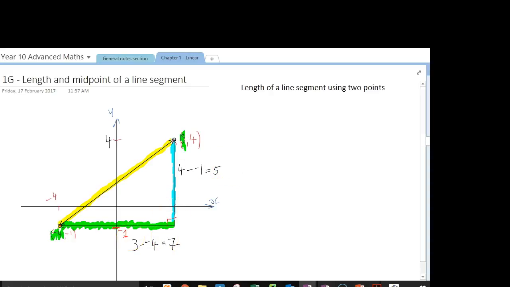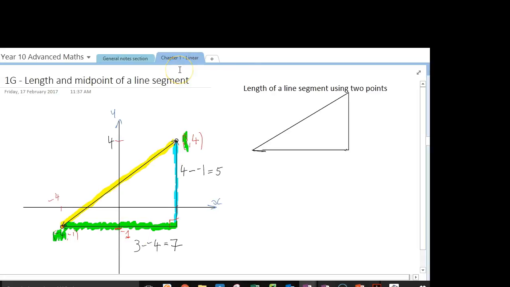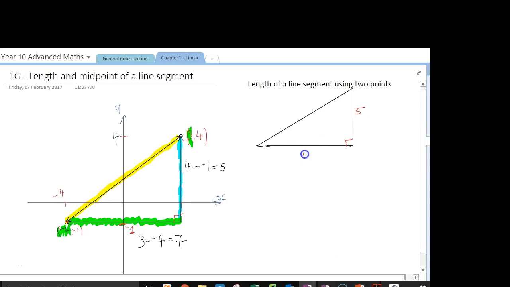I'm going to transfer some of this information we worked out onto a separate triangle over here, just to help us visualize. I know this side is 5, and I know this side is 7. If I've got two sides of a right angle triangle, I should be able to work out the other side.